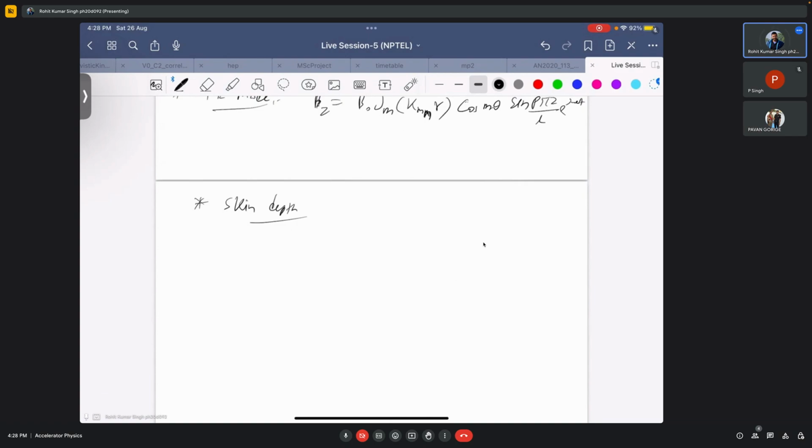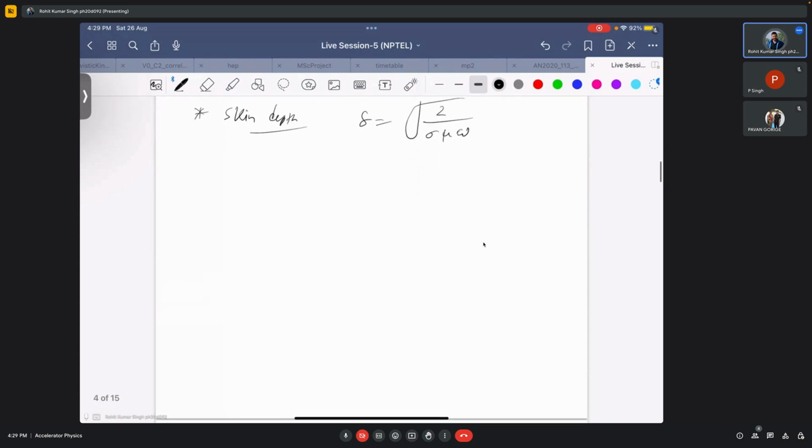Okay, and it is given by this simple formula. Here sigma is the conductivity of the metal, mu is the permeability, and omega is the frequency of the electromagnetic waves, right?